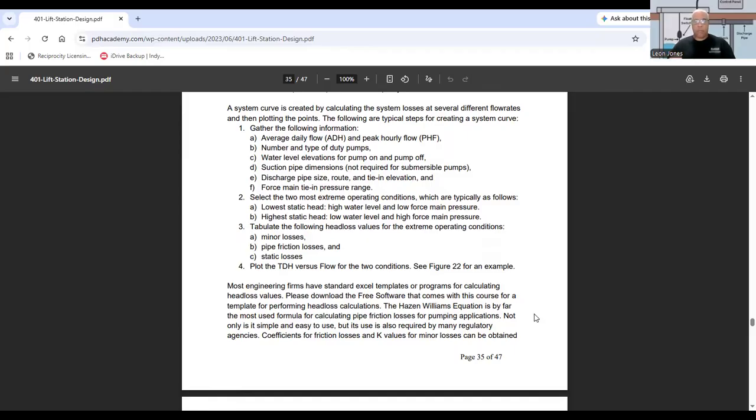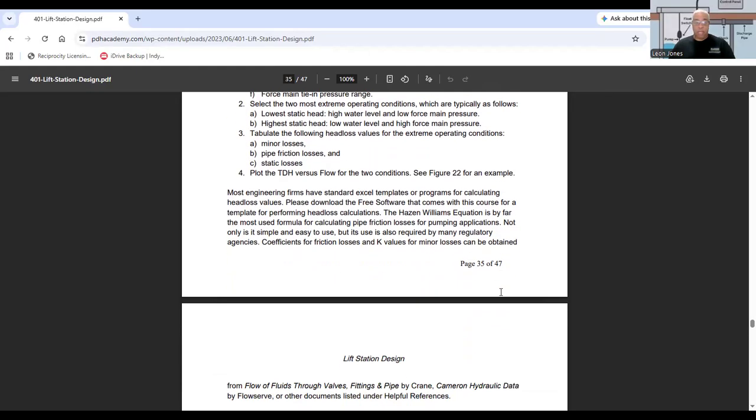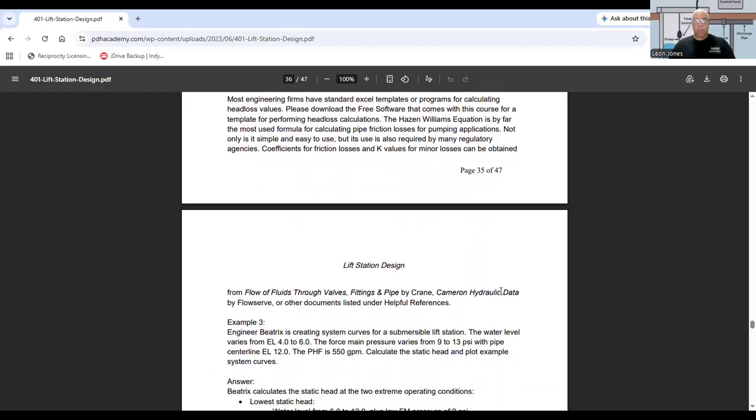So coefficients for friction losses and K values for minor losses can be obtained from Flow of Fluids Through Valves, Fittings, and Pipe by Crane, Cameron Hydraulic Data by Flowserve, or other documents listed under helpful resources.